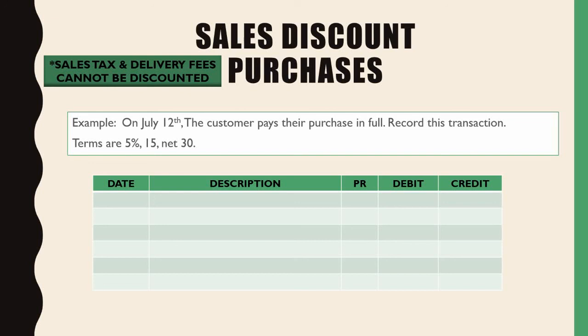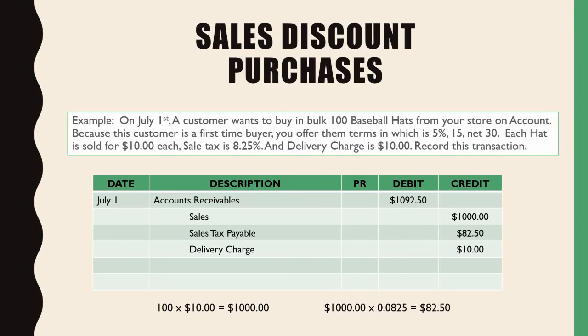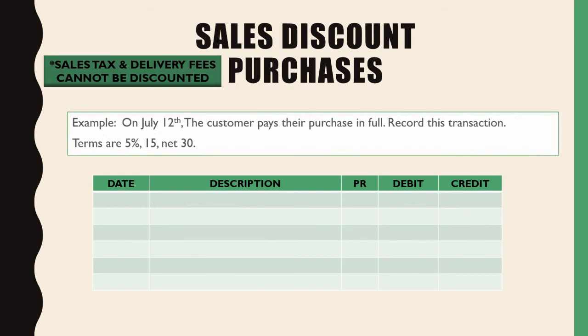Right? But you have to also make sure, what are we decreasing now? Not sales, sales discount. And accounts receivable, right? We created the accounts receivable. So that means our amount needs to match up 100% because now he's actually paying for it.